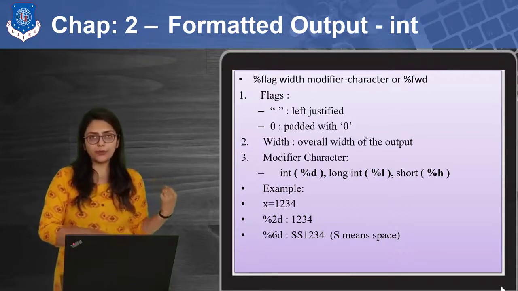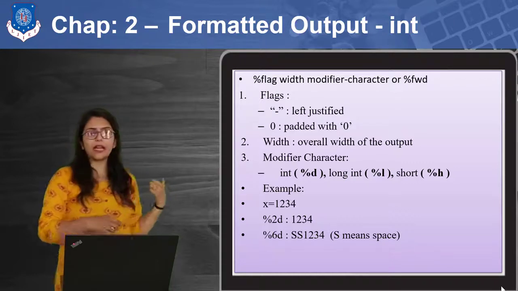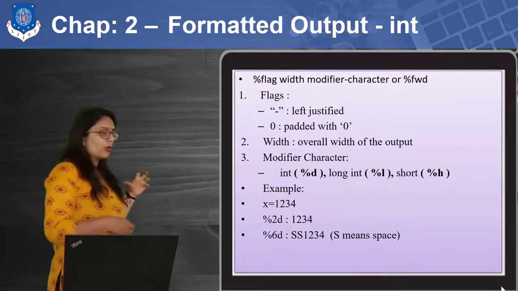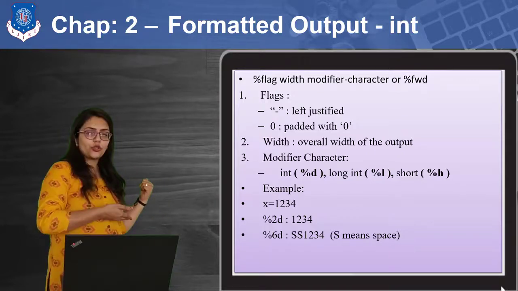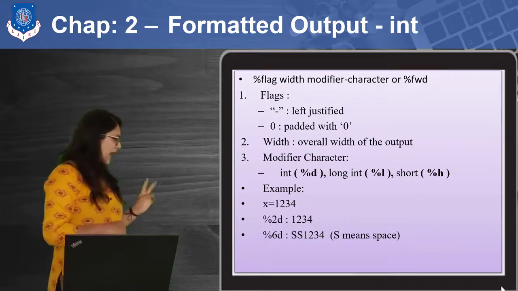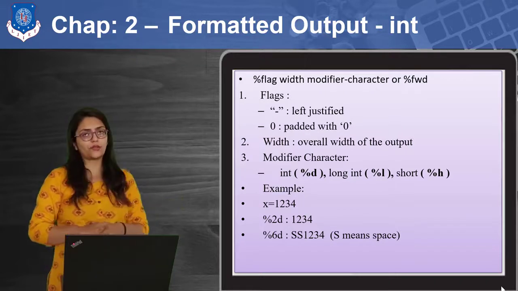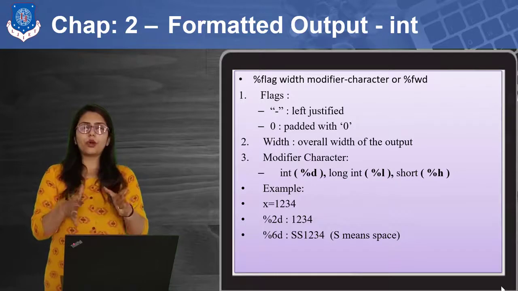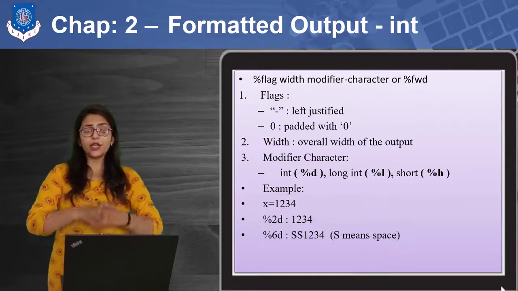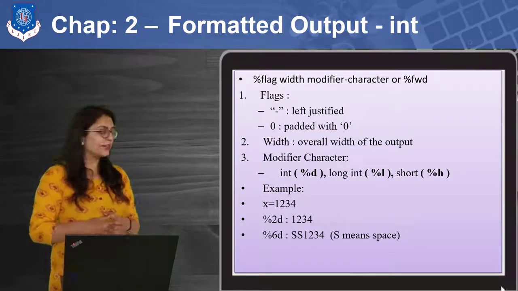Here S will not be printed, the spaces will be printed, but I cannot show you the spaces, that's why I have written S. In place of that S, actually the spaces are printed. After 2 spaces, it will print the rest of the number. Right? So this is how it will be printed. Now if you want to get more idea about this, you can just open your IDE and type this code.